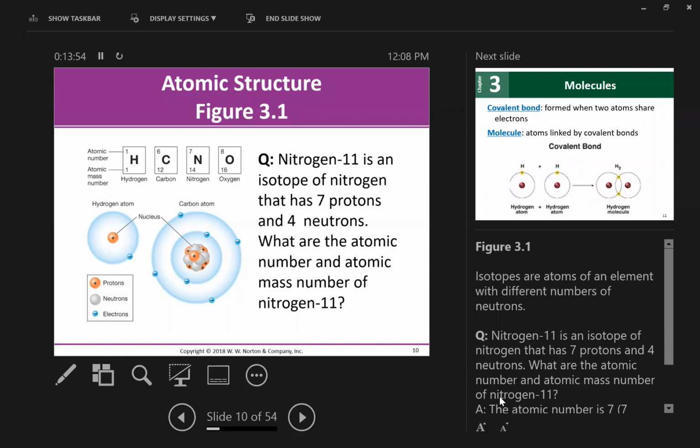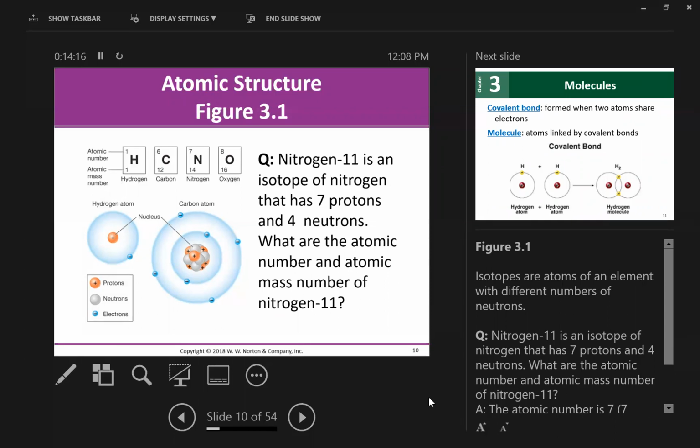Now let's look at nitrogen-11 as an isotope of nitrogen. So we see that nitrogen alone would have 7 protons with an atomic mass of 14, so it would have 7 neutrons.